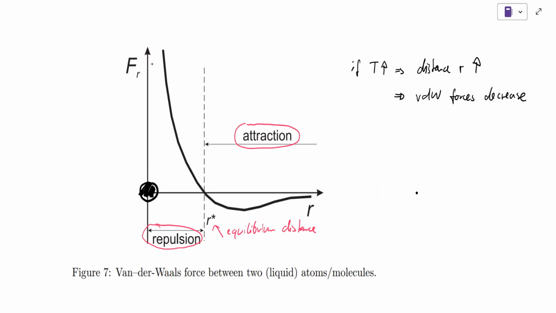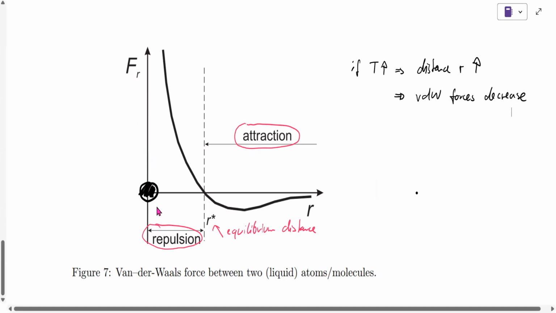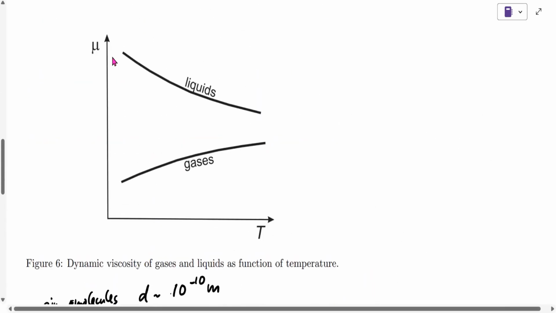And if the forces decrease, then of course you have a smaller transport of momentum. And that is exactly what we see here macroscopically. We see that for greater temperatures, the dynamic viscosity of liquids starts to decrease.